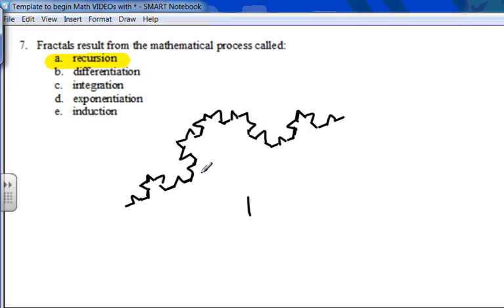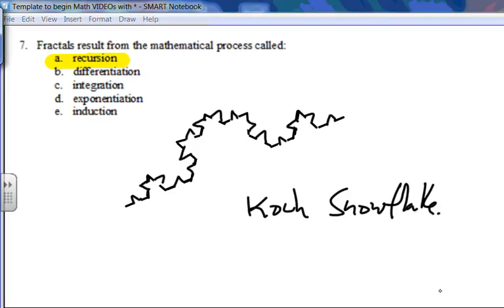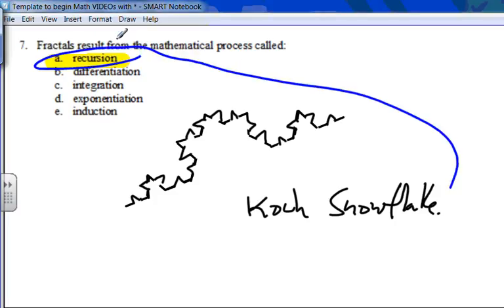And what we're constructing here is the Koch snowflake. Using recursion. All right, moving on.